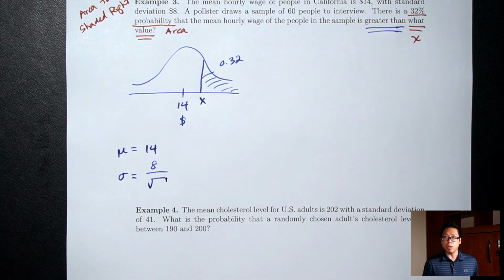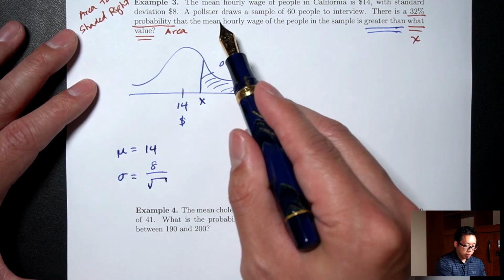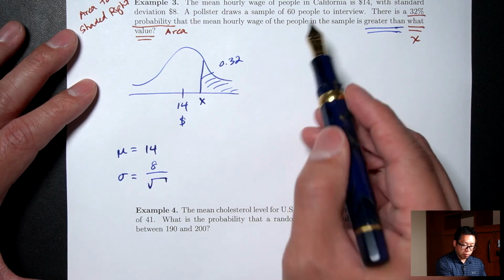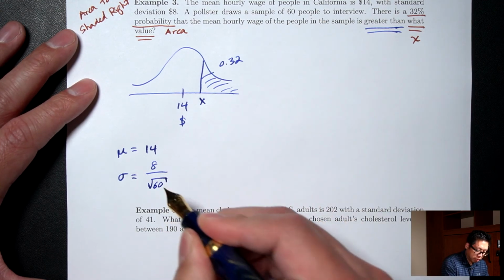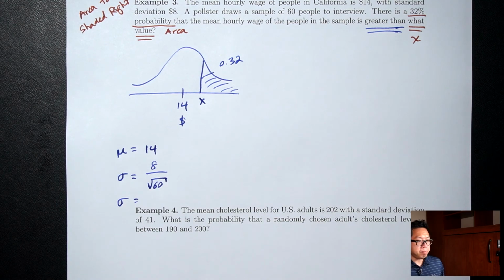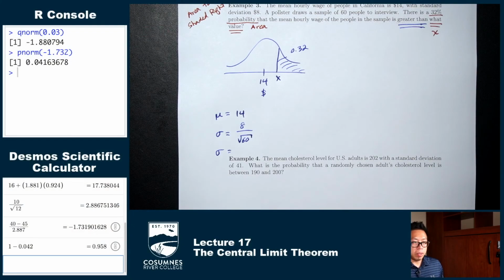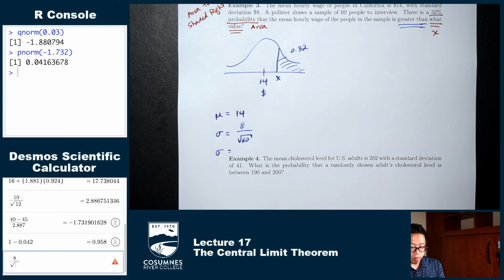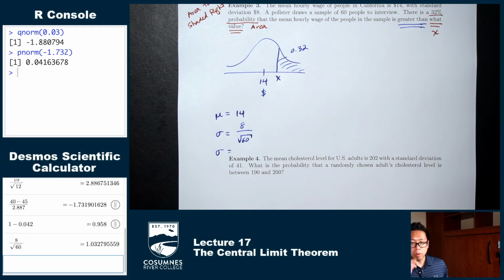How many people are we choosing? We're drawing a sample of 60 people, so 60. Let's go calculate that. 8 over square root of 60. Rounded to 3 decimal places, this is 1.033.